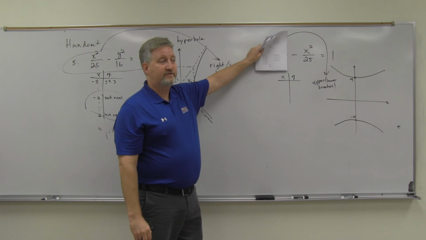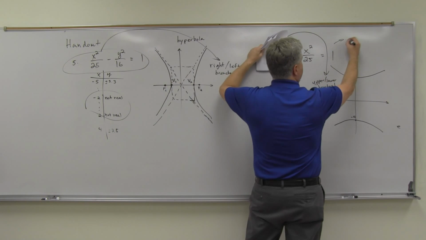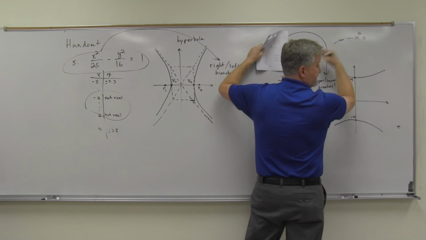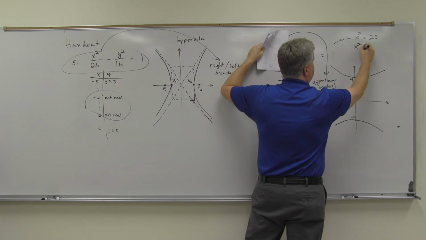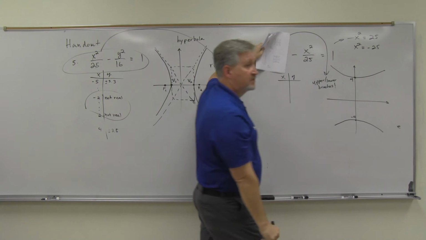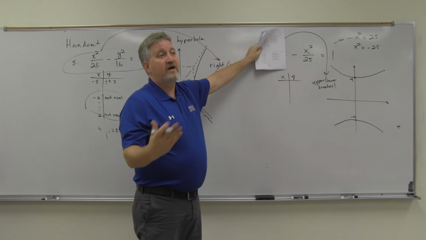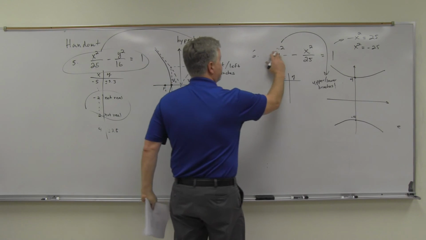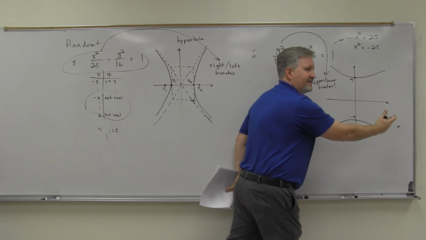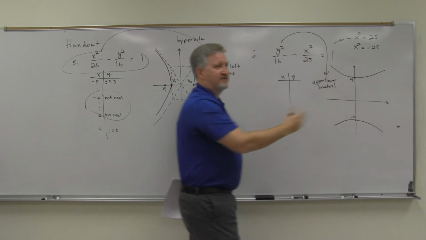Is that solvable? That's negative x squared; multiply both sides by 25. Negative x squared equals 25, divide by negative 1, x squared equals negative 25? No. That's not solvable, right? Or it's not real numbers. So there are no x-intercepts on this one, you see. There are y-intercepts, but there are no x-intercepts.